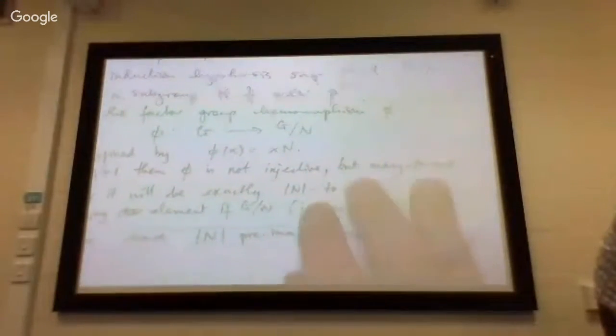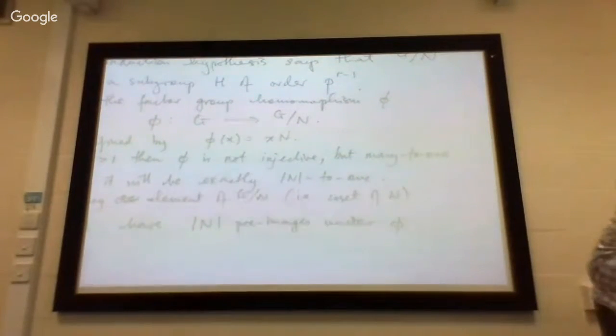So this is just a bit of a reminder about factor groups and the homomorphism associated to it.